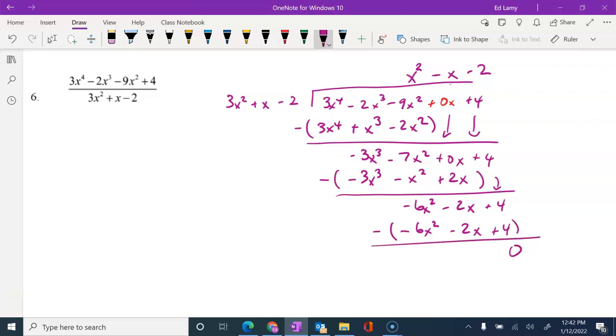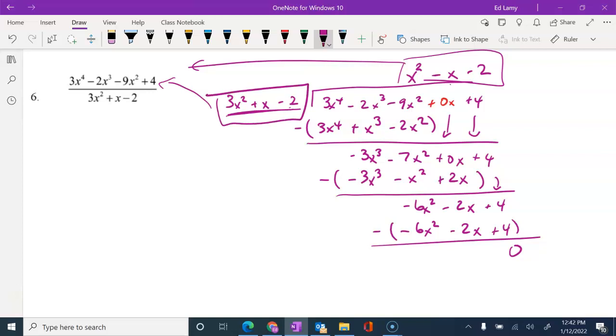Again, a remainder of 0 means that 3x squared plus x minus 2 is a factor of the dividend. It also says that the quotient is also a factor of that. We could say this divisor times this quotient equals the dividend.